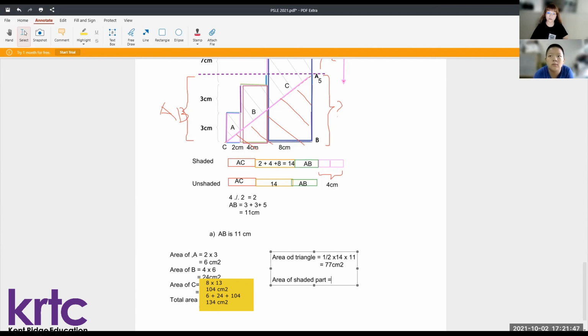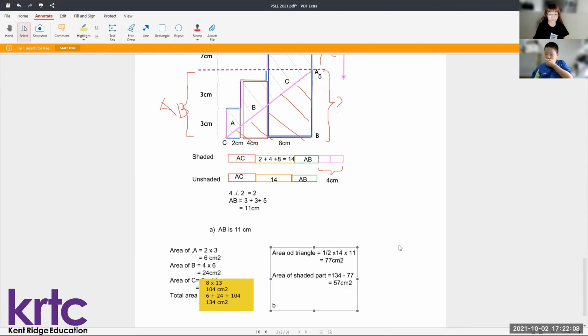Take the total area of the three rectangles, 134, and take away the area of the triangle, which is 77. And so it's 57 cm square. So for part B, the area is 57 cm square.